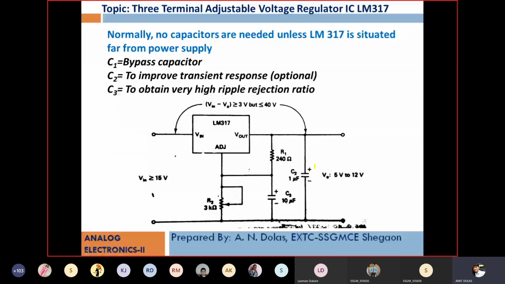That is, C2 will be 1 microfarad tantalum, C3 will be 10 microfarad ceramic, and C1 will be in the range of up to 1 microfarad. You have to remember these values if the paper setter asks, and put these three capacitances into the network if it is specifically asked in the examination.